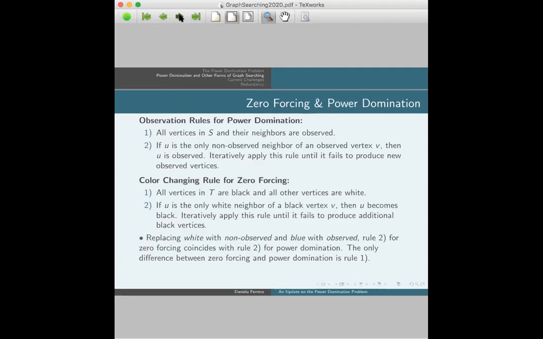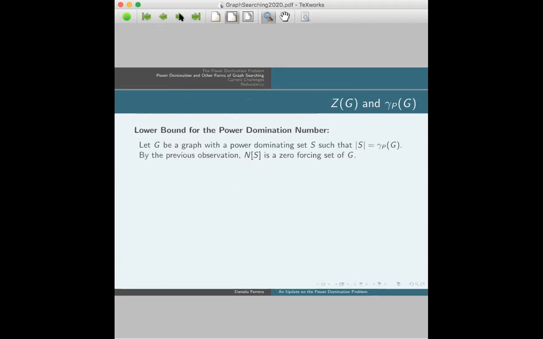So the only difference is in rule number 1, and it follows very clearly that if a set S is a power dominating set of a graph G, then the closed neighborhood of S is a zero forcing set of G. So how can we exploit this?